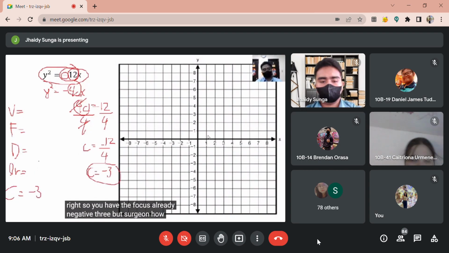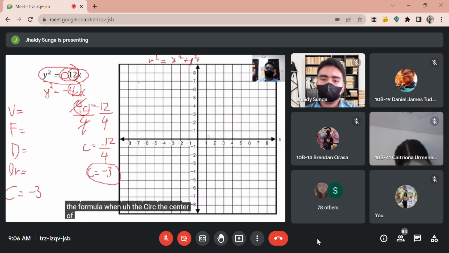But let's find what the vertex is. As I mentioned, the most important formula coming from the circle is r squared equal to x squared plus y squared. This is the formula when the center of your circle is at the origin.